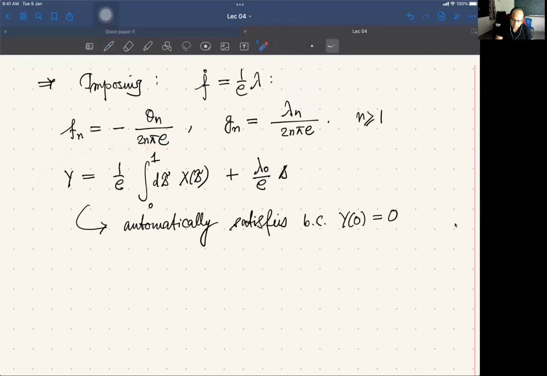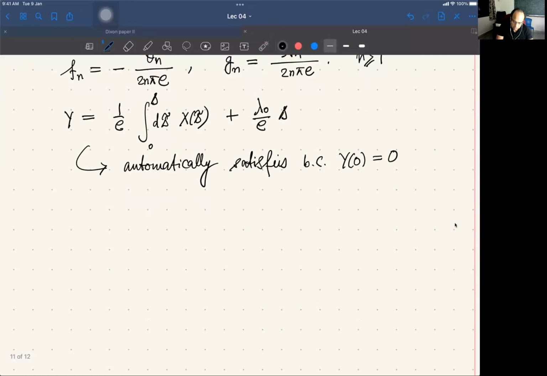The second term is 0, of course, and this is not 1, this is s, and at s equal to 0, this is 0. Now the y equal to 1 boundary condition, y1 equal to 1.